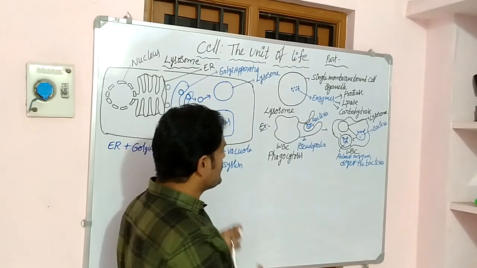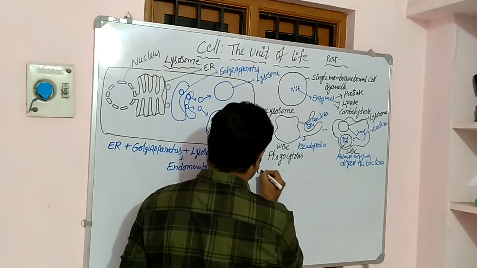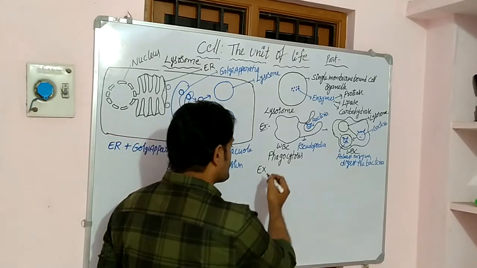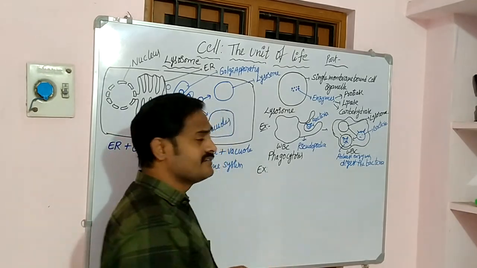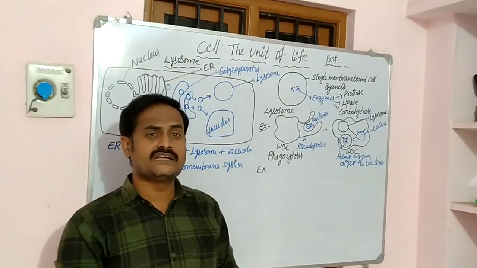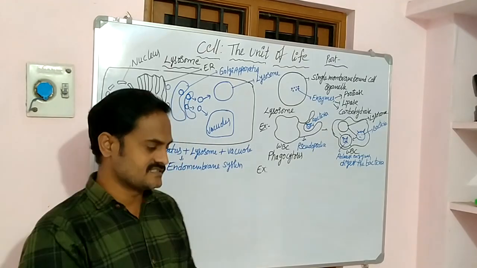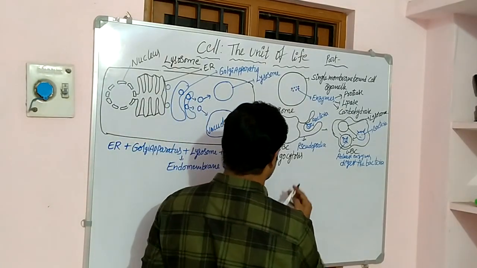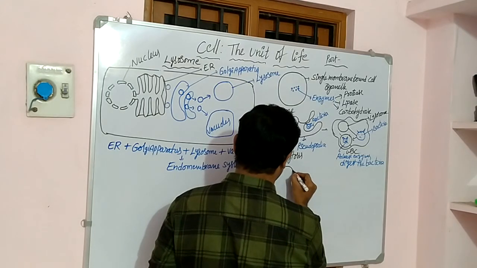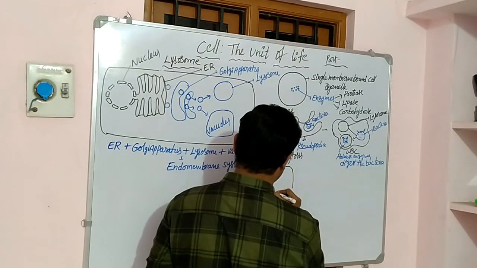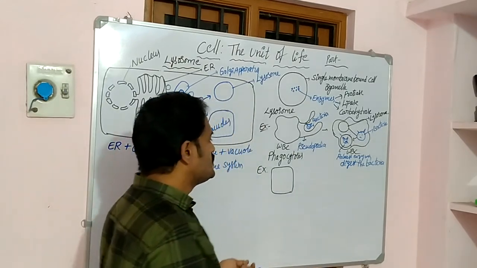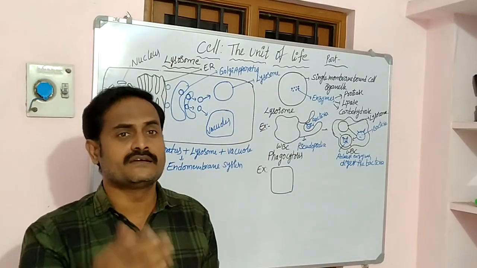Now coming to one more example. Commonly our body has some old and useless cell organelles. For suppose I will take one cell organelle. See, for suppose this is one cell. In this cell, there is one useless cell organelle, old and useless.